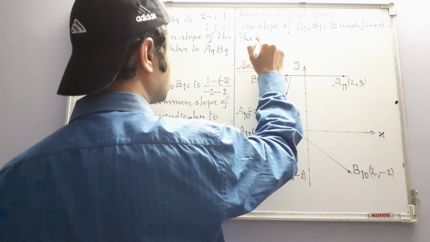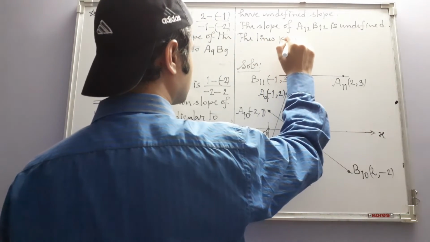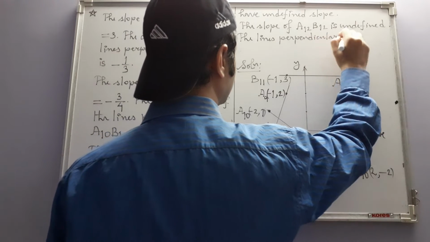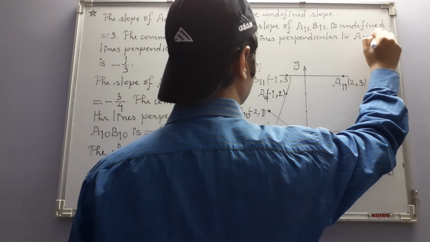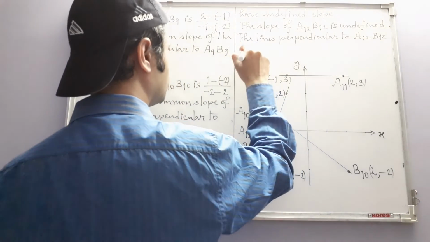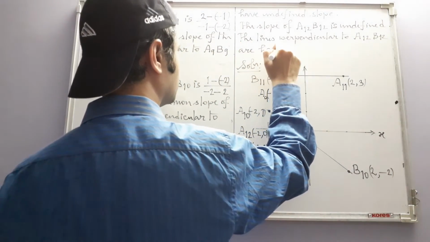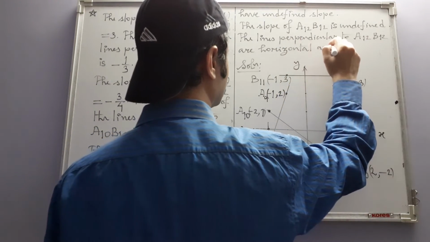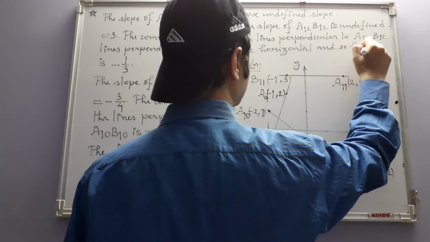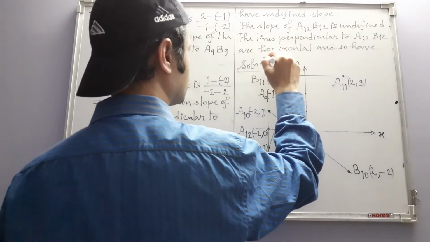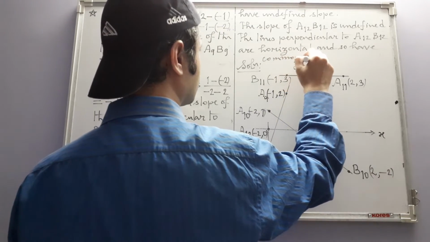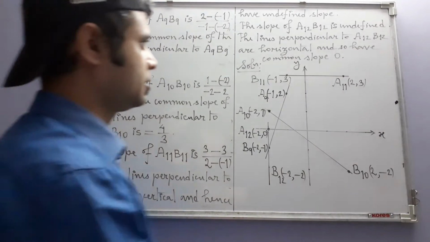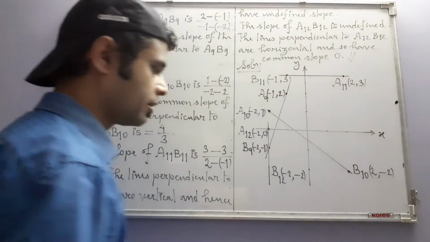The lines perpendicular to A12 B12 are horizontal and so have common slope 0. So that's the thing, and it completes these 4 exercises.